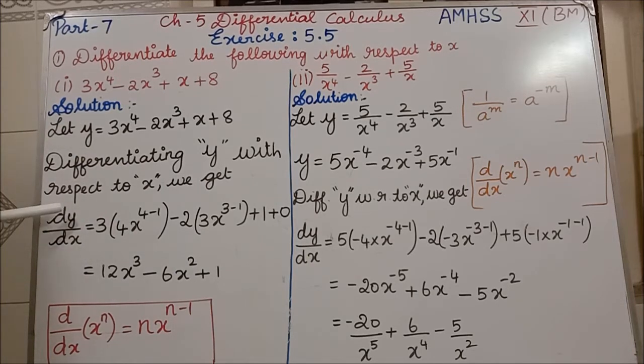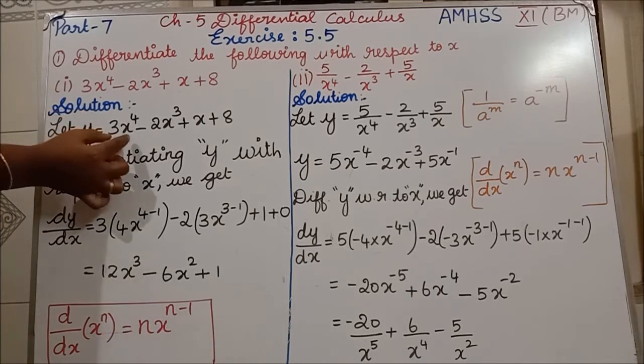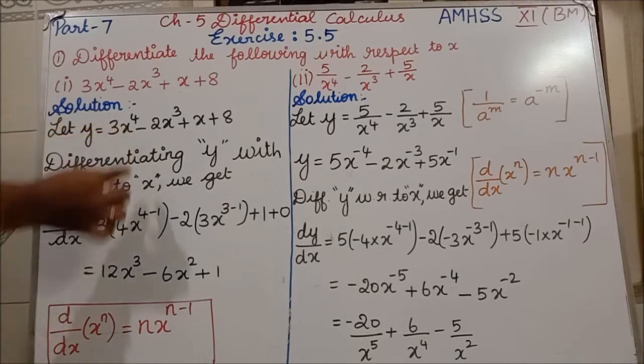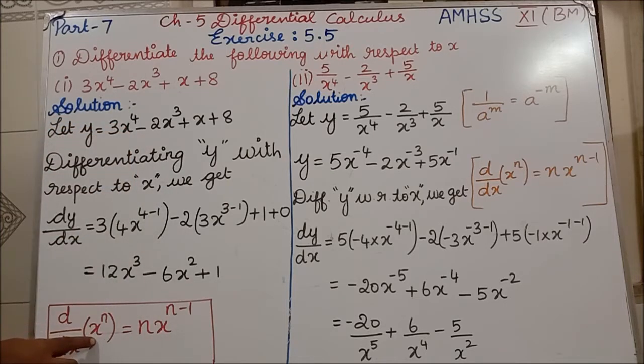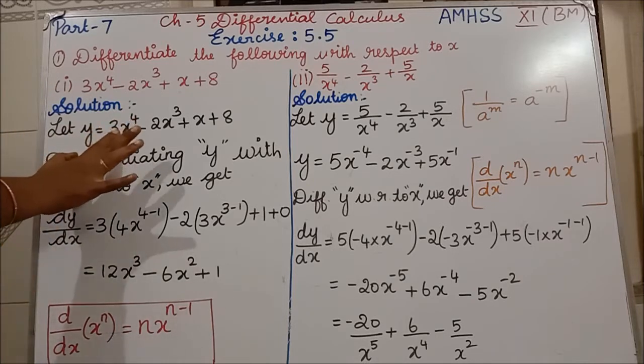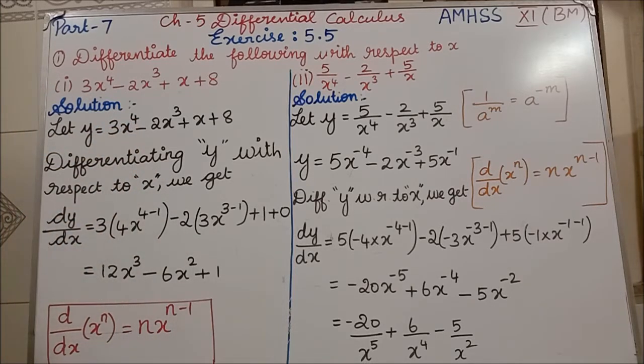Differentiating means we write d, so dy by dx is equal to 3x power 4. In this, we cannot do anything with the 3. 3 is a constant number, so you keep the 3 as such.